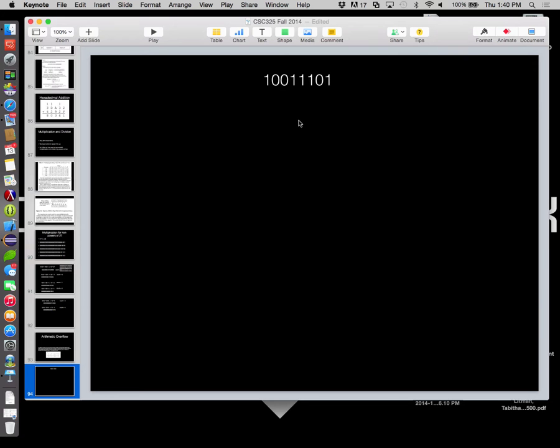So we can implement this through addition. We already know this is a negative number, so we're going to flip all the bits. That's 0, 1, 1, 0, 0, 0, 1, 0. Then we're going to add 1 to that, which just gets us a 1 there, right?